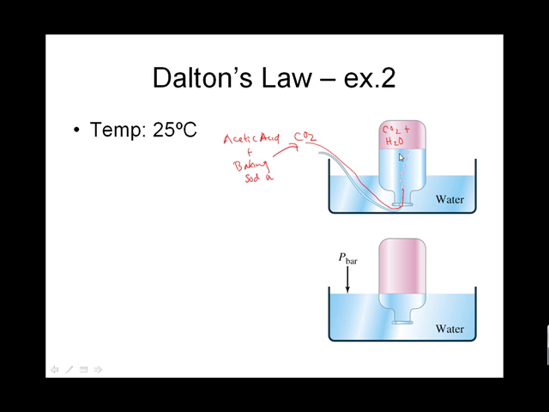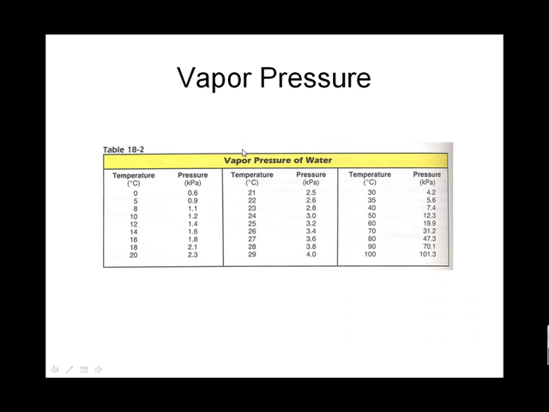And please remember that the water vapor is dependent on the temperature, and I'm telling you that the temperature of the room is 25 degrees Celsius. From our podcast 2, we know that there is a table that we can refer to, and the table is provided right here.